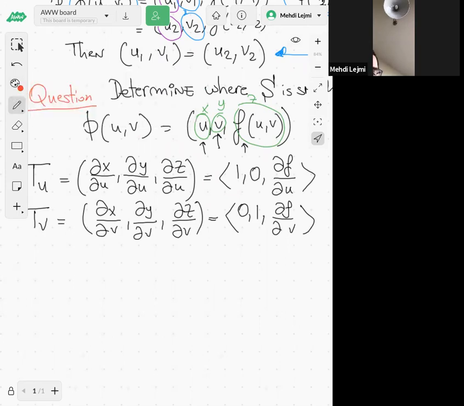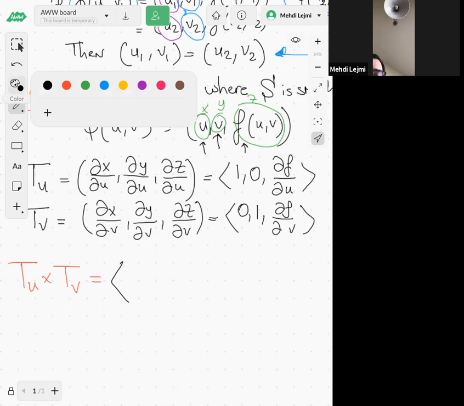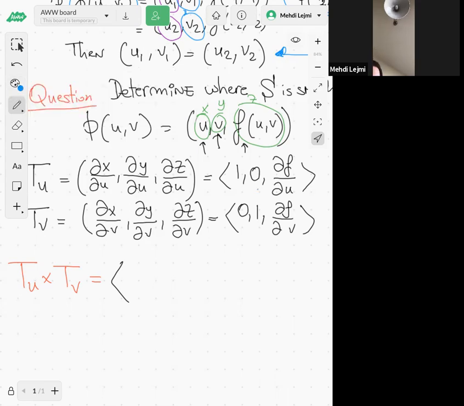So now do t u cross t v, the cross product. Again, guys, if you have trouble with the cross product, just let me know. To do the cross product, you first cross multiply here. So that will be 0 times derivative of f with respect to v, minus 1 times derivative of f with respect to u, so minus derivative of f with respect to u.